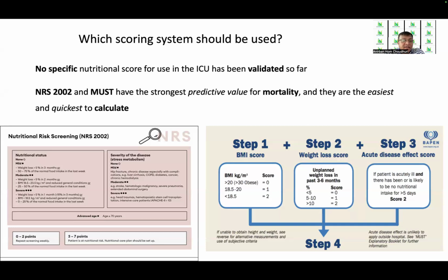In patients with advanced age, age of more than 70 years is also considered a risk factor.